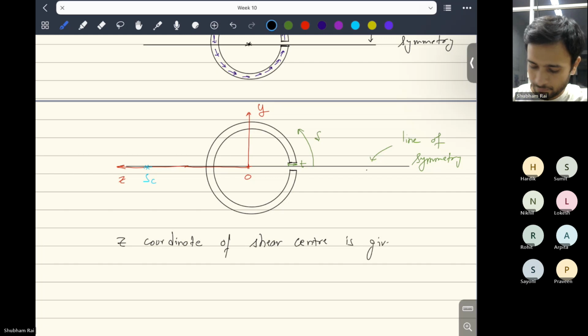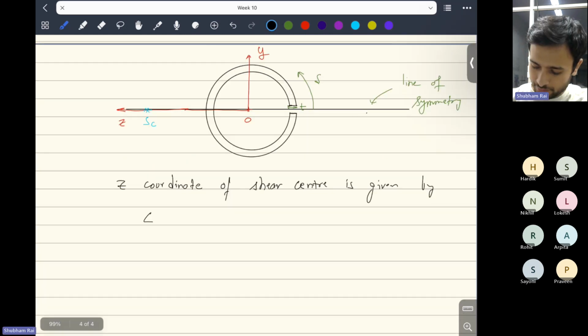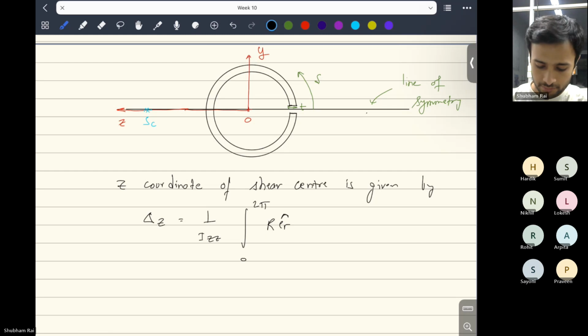is given by delta Z, and that will be 1 over I Z Z, and then integral should go from 0 to 2 pi, and then R E R, multiplied by cross product with Q Y theta E theta.